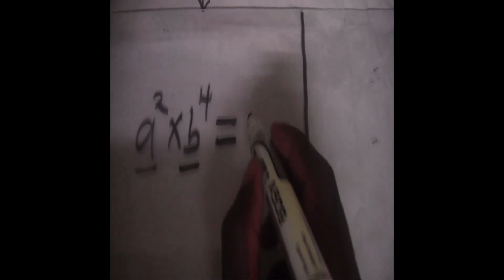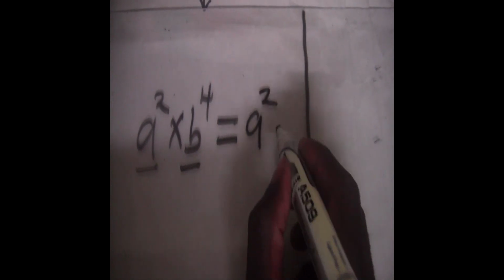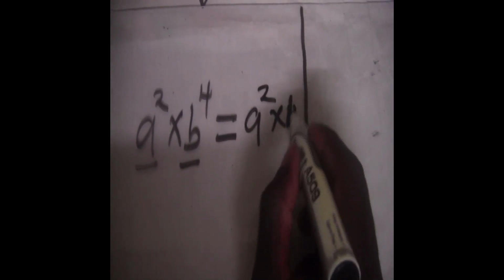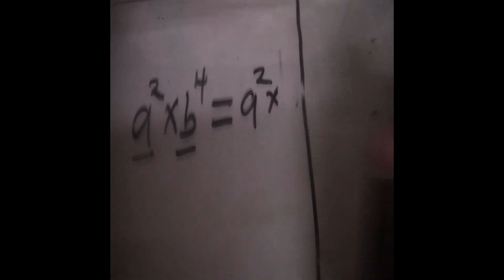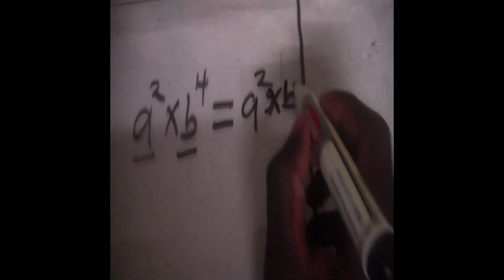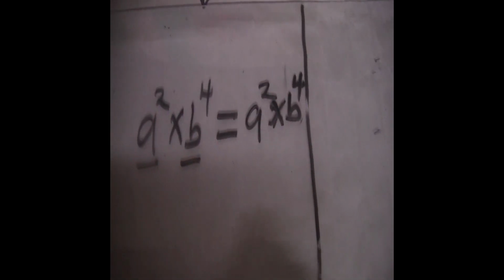Another thing about multiplication of indices, when you're given, let me say, a raised to power 2 times b raised to power 4. Here you must be careful, the bases are not the same, so your answer will remain a raised to power 2 times b raised to power 4.